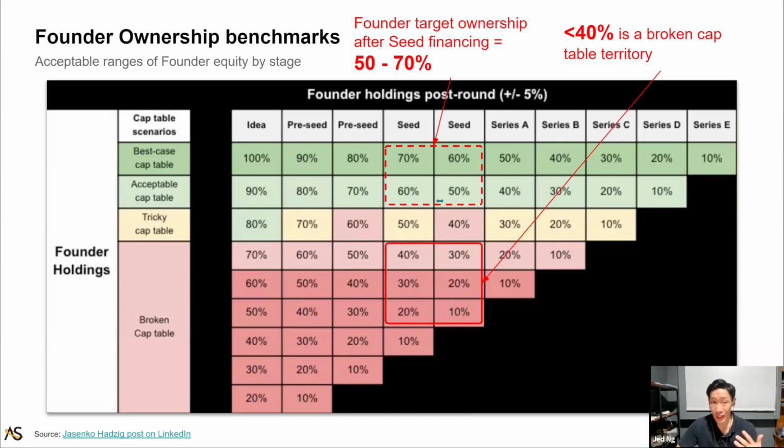Now, this gives us rough guidelines on founder ownership at different stages. And when it comes to dilution, we tend not to see big fluctuations. There is some variability, but whether it's a down market or up market, founder dilution doesn't tend to change a lot. The reason is that we see a very clear pattern in capital availability and valuation, right?